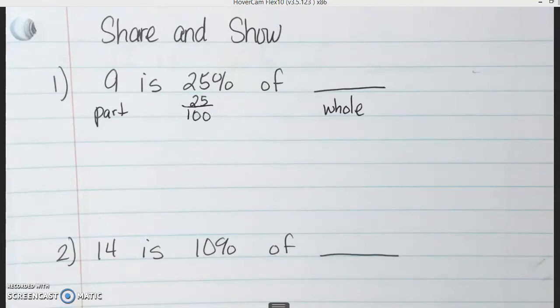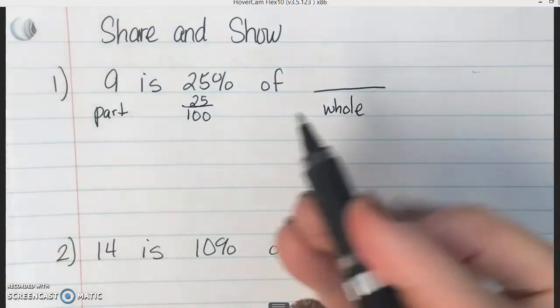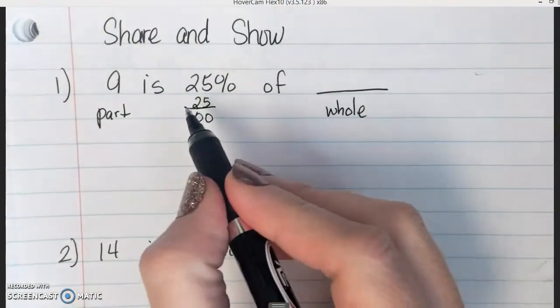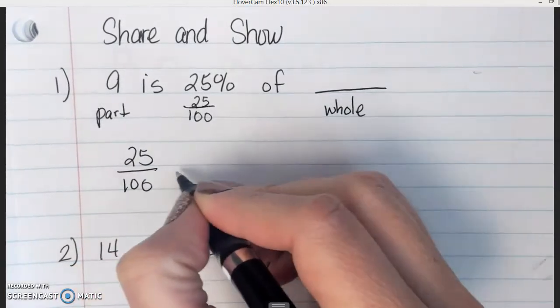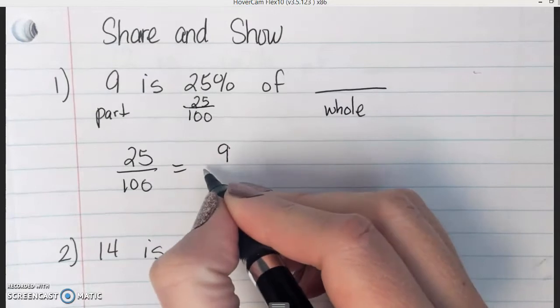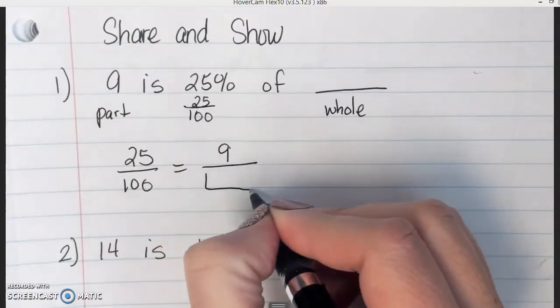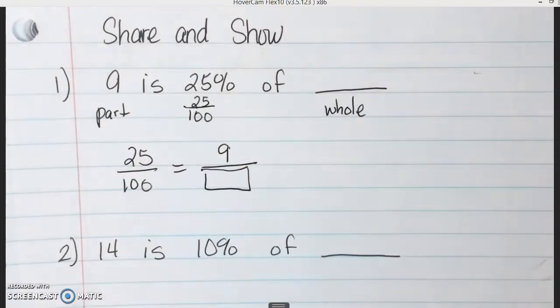So in your notebook where you're working this out, you don't want to have to go back and rewrite this. Just go ahead and put 25 over 100 is equal to 9 over the unknown, which is our whole. Okay?